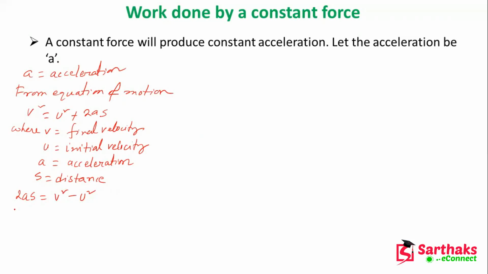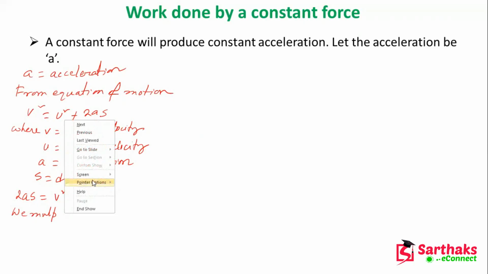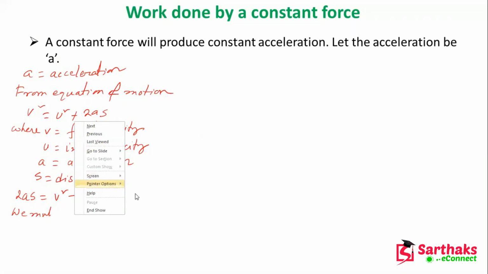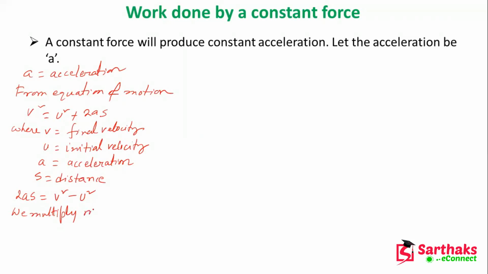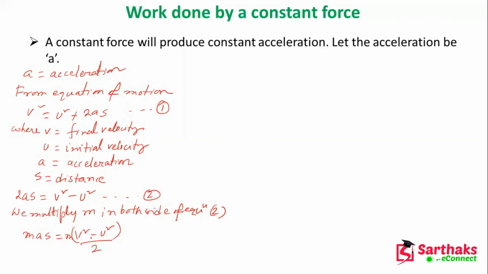Okay. So if we multiply m on both sides of equation 2, let it be equation 1, so equation 2, then we will get m into a into s, that equals m into v square minus u square divided by 2, right?